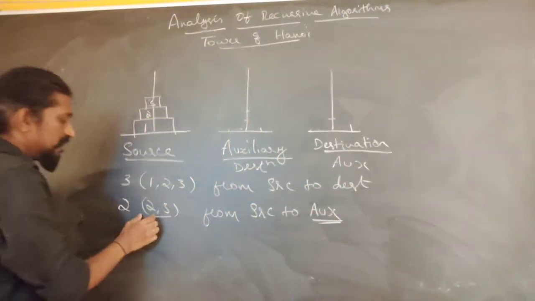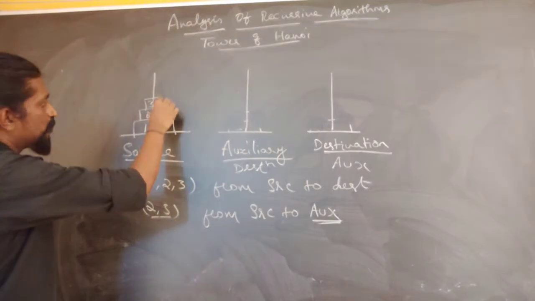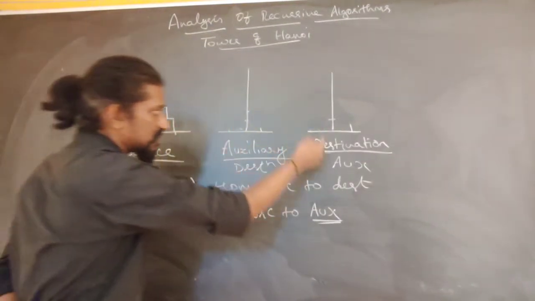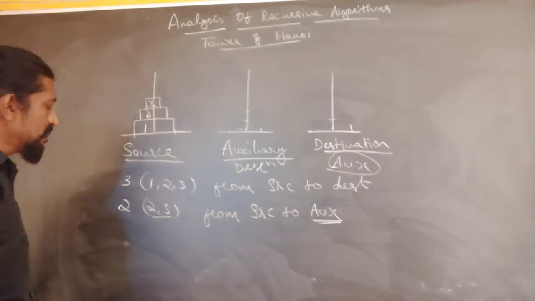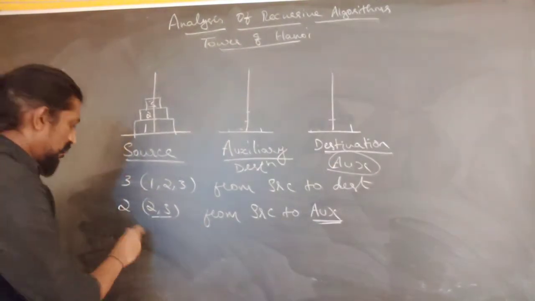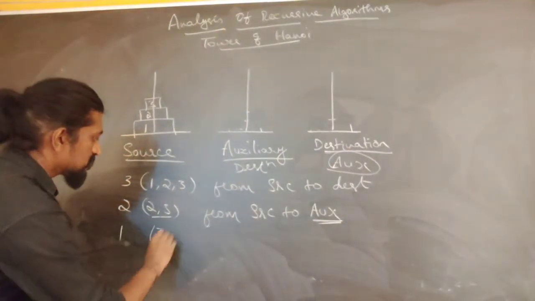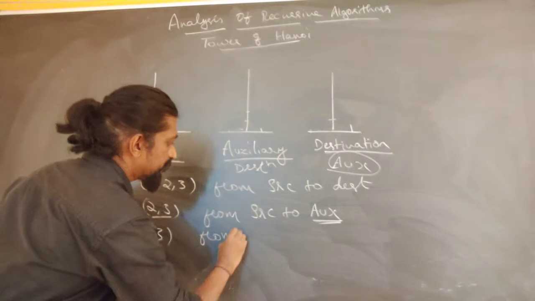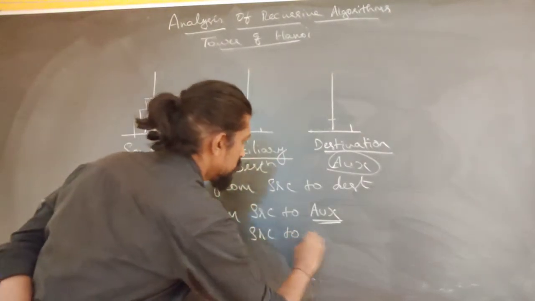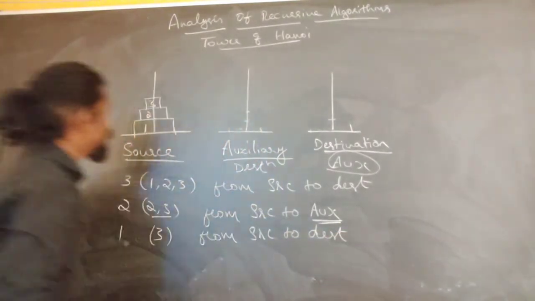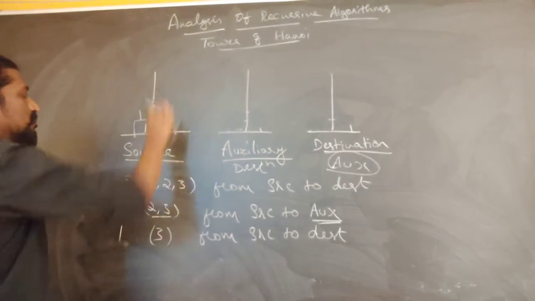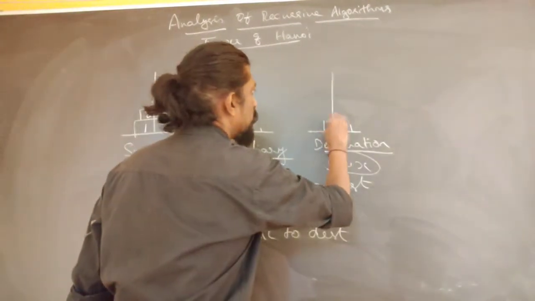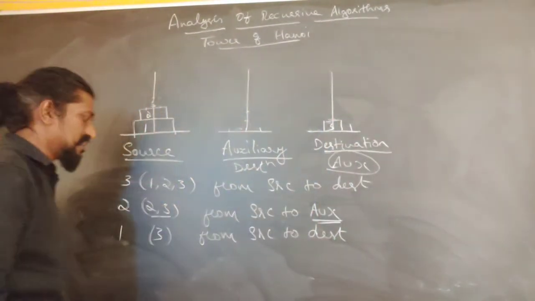So therefore, it requires us to move the one disc from the source to the destination. In our case, now it is the auxiliary. So actually it boils down to moving one disc from source to destination. That is the first move that we will be doing. There is only one disc, so this one disc will be moving to the destination.